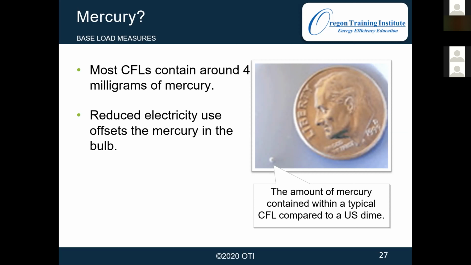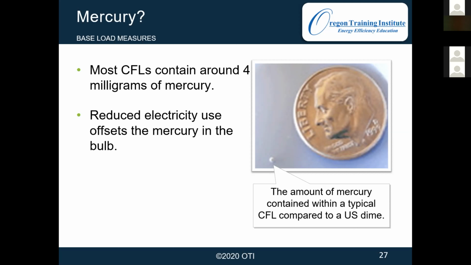And when you compare it to the amount of energy saved, even though at first you might argue, okay, well, we're saving energy, but we're adding all this mercury to the environment. Well, let's back up a second. Where does electricity come from? In the US, most of our electricity comes from burning coal. And what is the byproduct of burning coal? It's mercury.